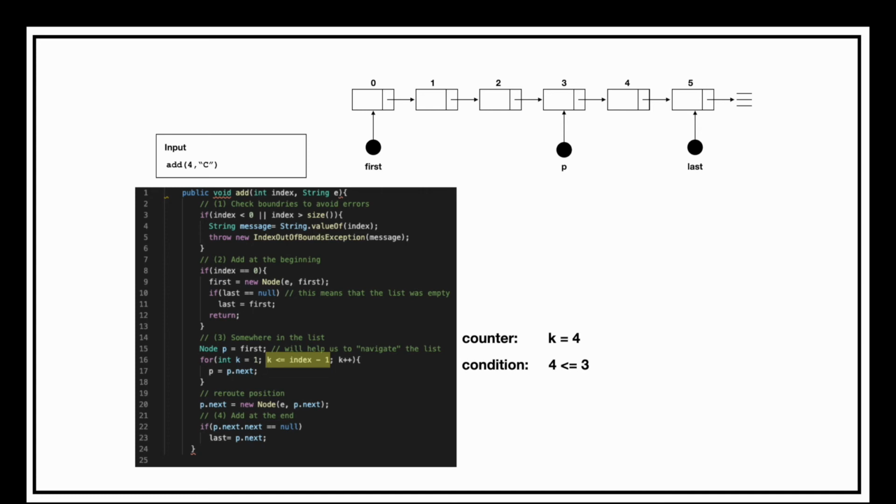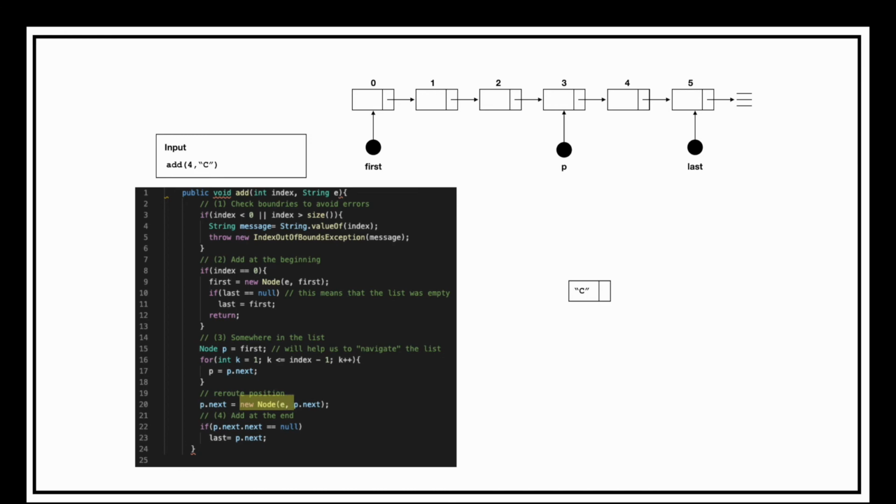The next step is to reroute the position. Notice what's going to happen. We're going to create a node using the first constructor. Here, we're going to provide the value C, and p.next will be the .next. Notice that p is pointing to the node that is at position 3, so p.next will be the node at position 4.